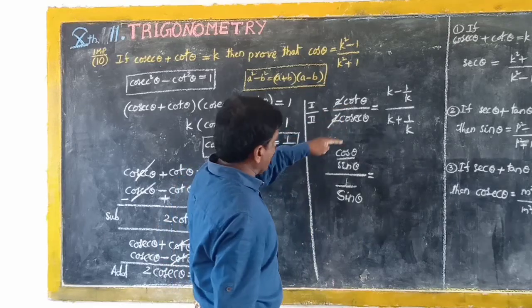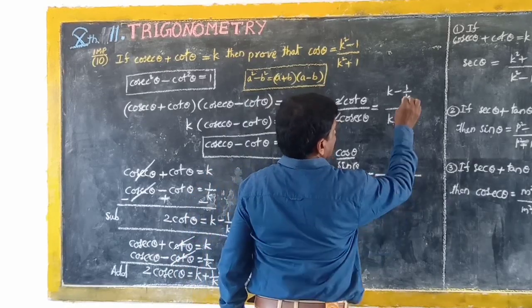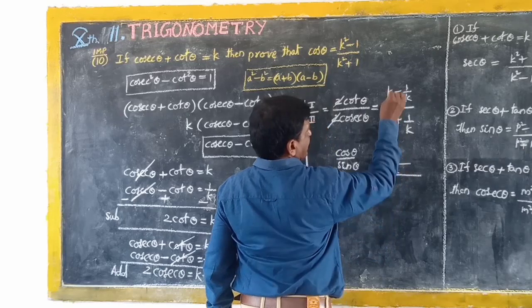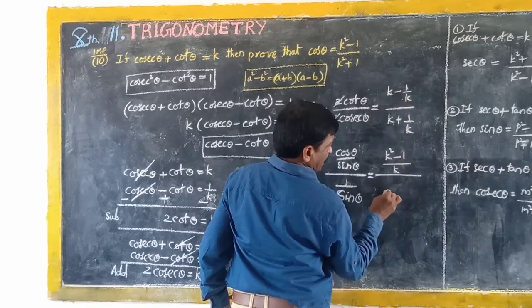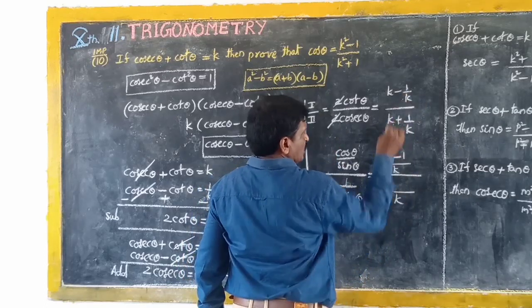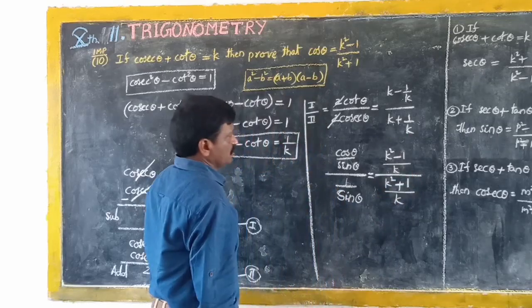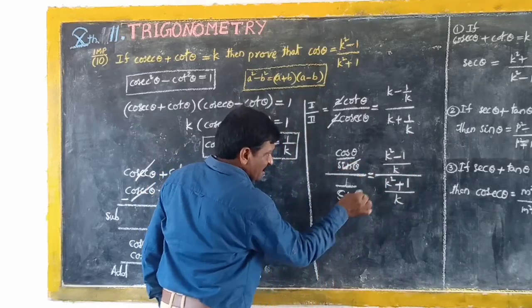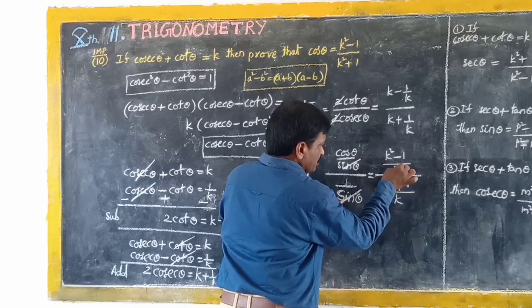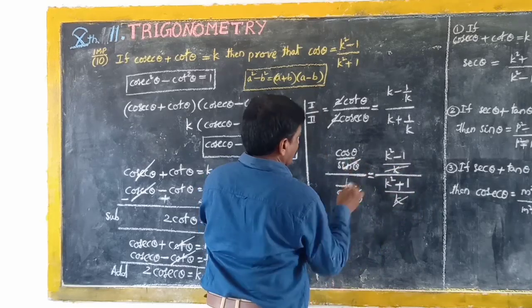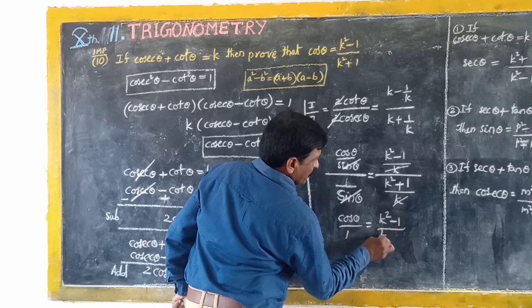On the right side, the LCM is k: k into k square minus 1 over k, and k into k square plus 1 over k. So the denominators are equal: sin theta on the left, and k on the right. Remaining is cos theta by 1 is equal to k square minus 1 by k square plus 1.